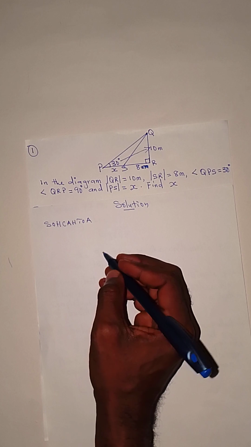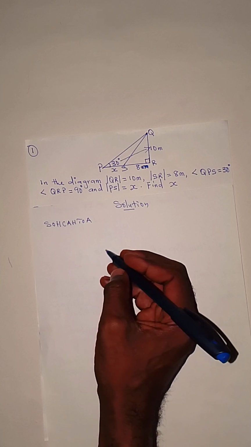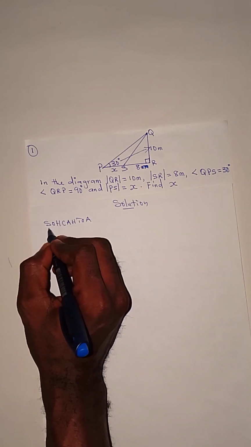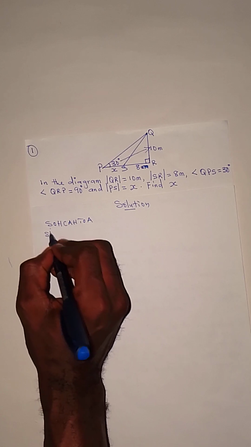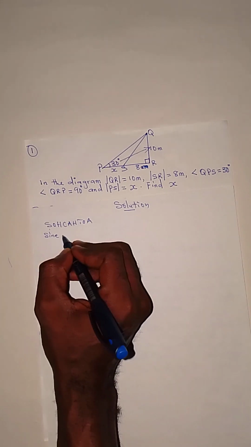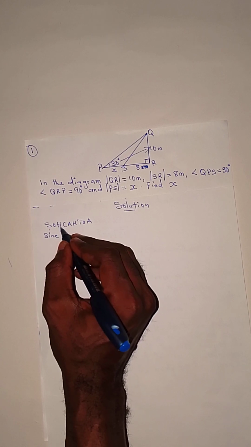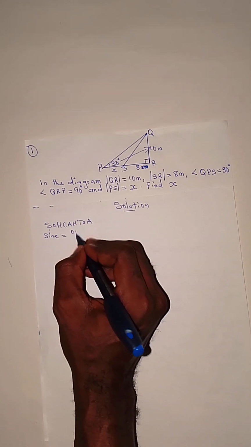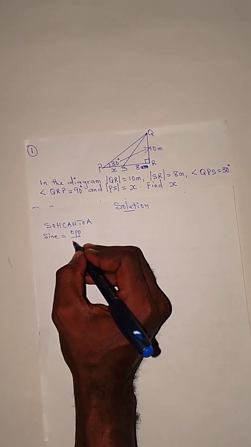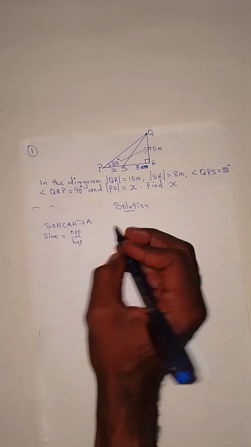Now, how do you make use of this SOHCAHTOA? SOHCAHTOA here means this S is sine of an angle. So we say that sine of an angle is equal to opposite all over hypotenuse.